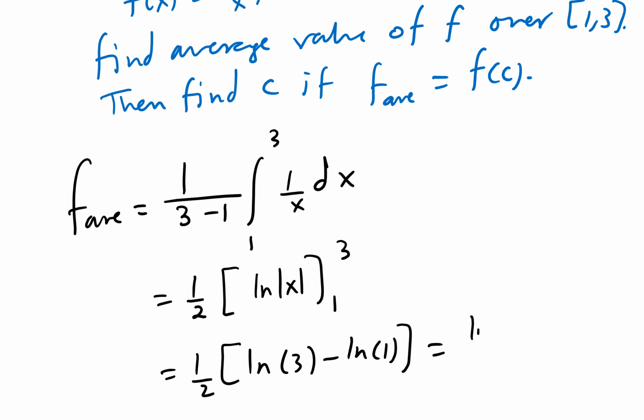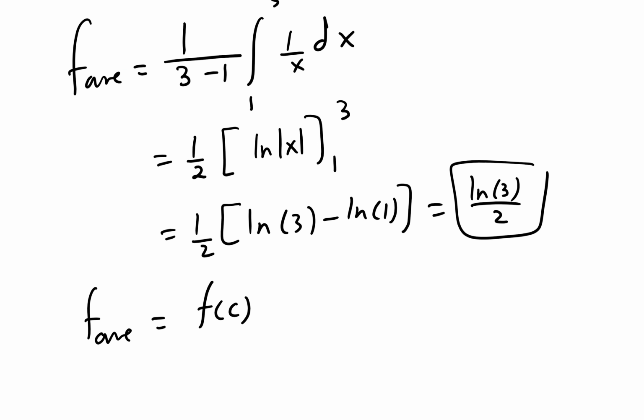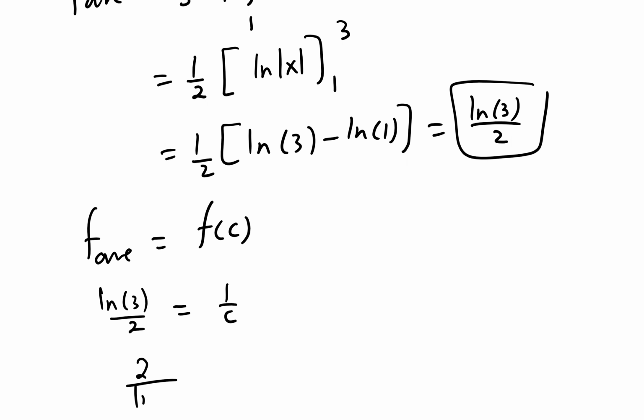Natural log of 1 is 0, so we get this as an answer. Then they said find c if f average is f of c. Well, we just found f average, natural log of 3 over 2. f of c is 1 over c. Then you flip both sides. 2 over ln 3 is c.